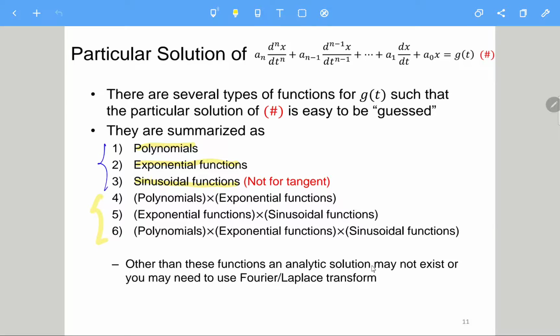Or of course you can use a numerical solution, use some computer software to solve it, or you can write some program using something like the finite difference to find the numerical solution.